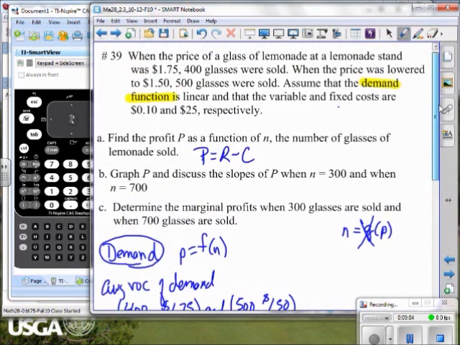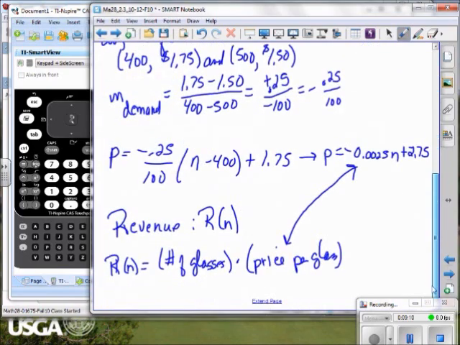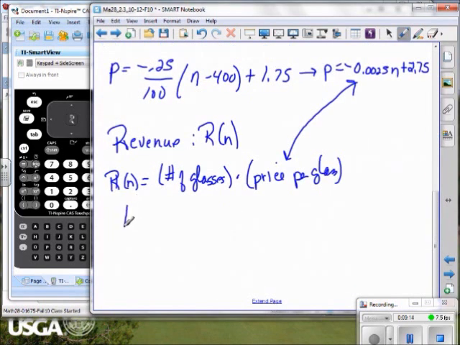Up here, demand is linear. So that's how we knew that it was a linear function. Okay, so revenue is the number of glasses times the price per glass. So revenue is n times negative 0.0025 n plus 2.75.